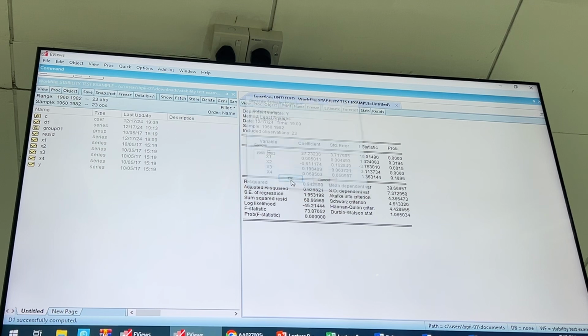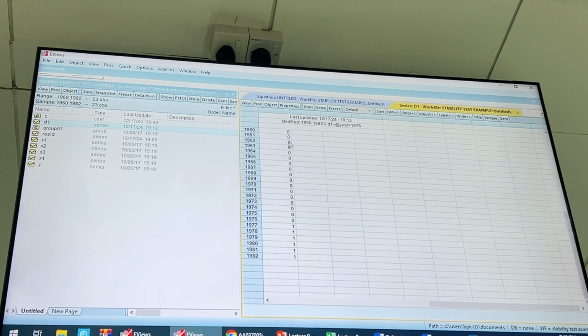Then just okay. So you have the dummy variable. You see that the period before is all 0, and then starting from 1997 it equals 1. Dummy variable. What does that mean?